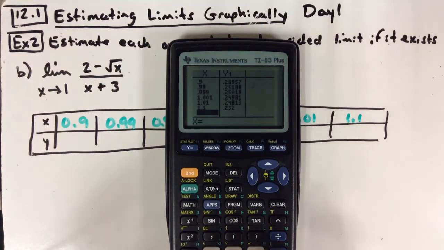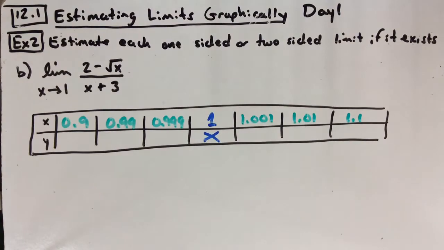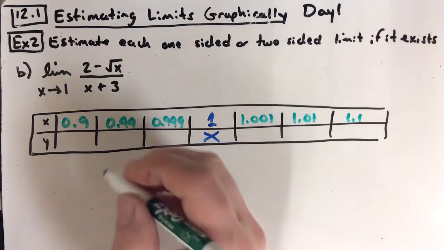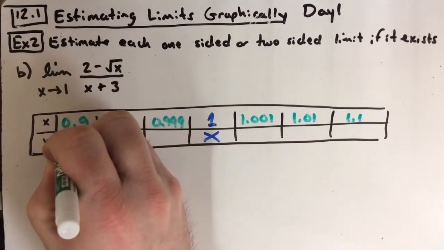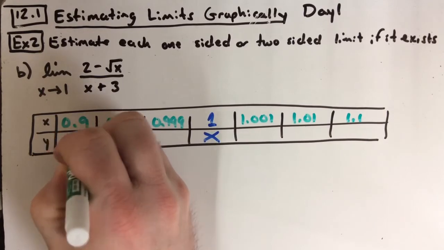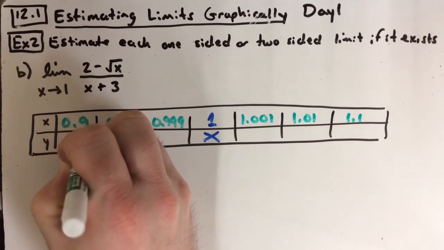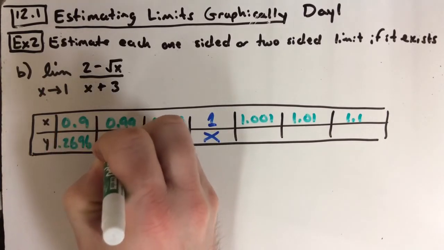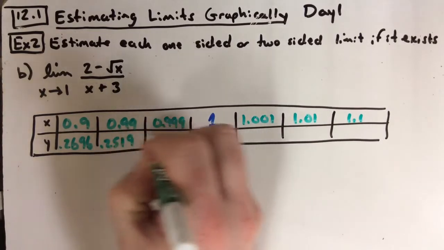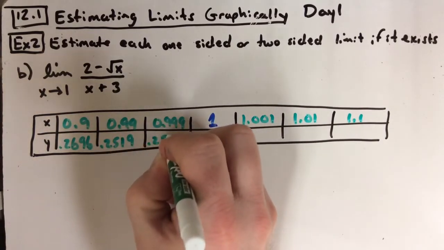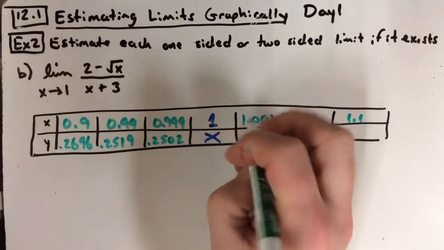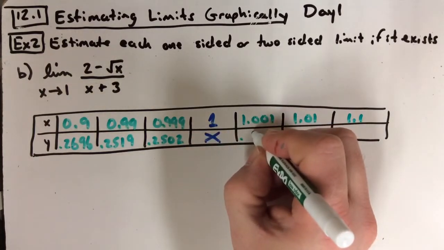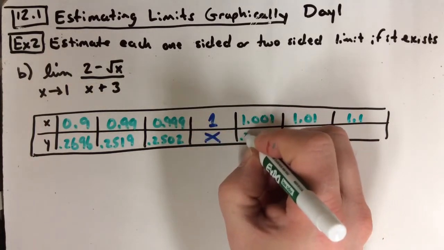Now let's copy those into the table. Rounding these off to 4 decimal places when necessary.